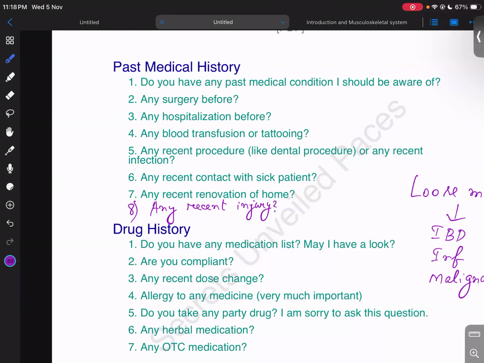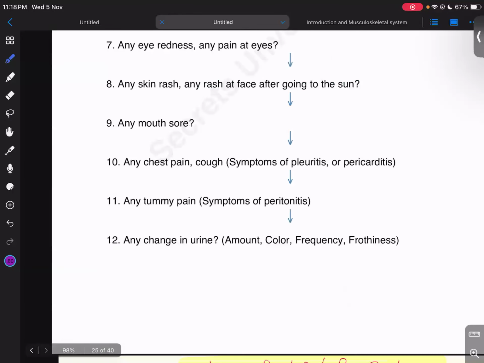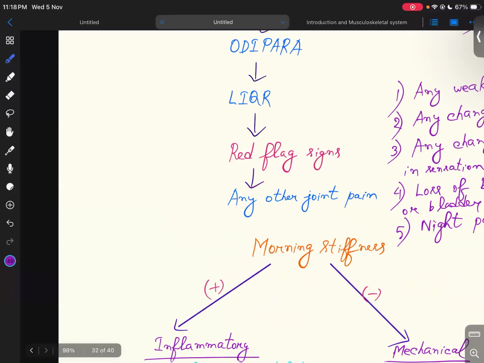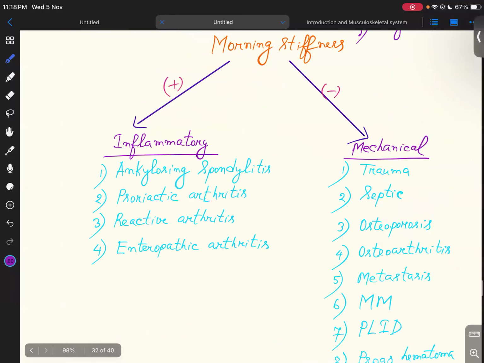So if in the history the patient tells you that 5 days back, while doing gardening, I got hurt at my knee, at my leg, and right now the patient has come with low back pain, then this is due to septic arthritis. So in the history, we have to ask whether there is any history of skin breaching, whether there is any history of injury to the skin.